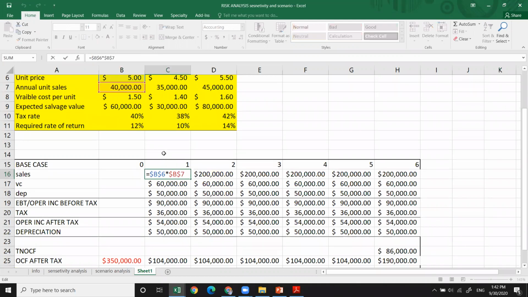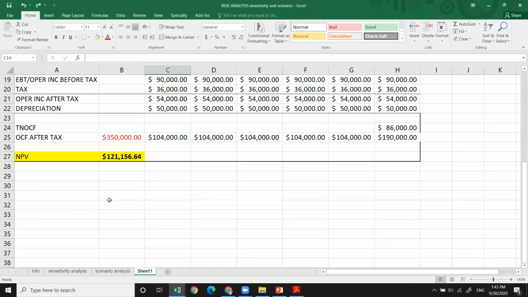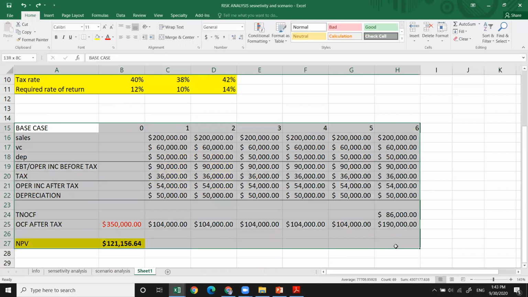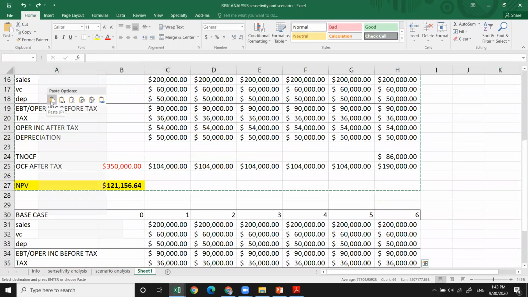So that means my unit price and annual units will change from 5 to 4.5 and from 40 to 35 respectively. My variable cost, but let me perform it in a separate worksheet. I'll copy it here. Paste it.